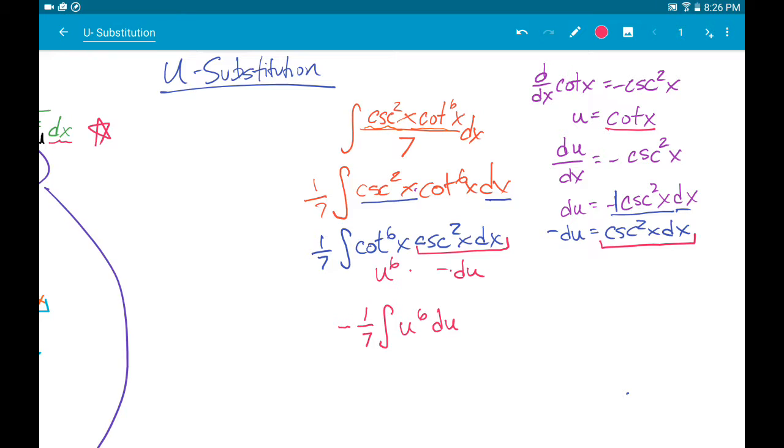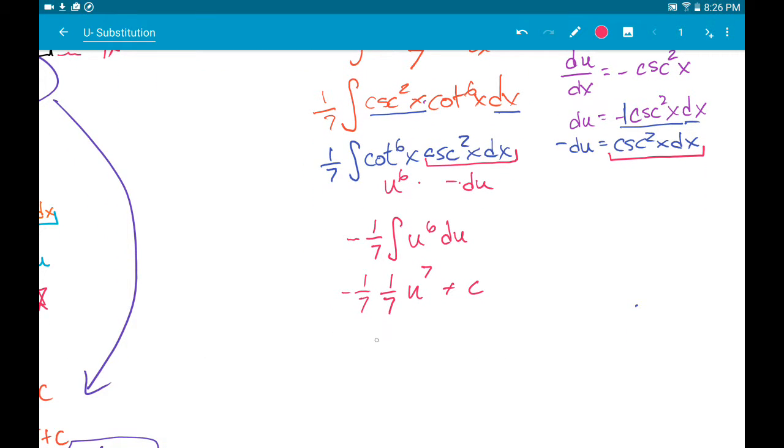And again, similar with the last example, I've taken a relatively complicated integral that we started with and turned it into a power function. So if I take the antiderivative, I've got u to the 7th, over 7. And I've got this -1/7 that's along for the ride. And then, of course, my plus c.